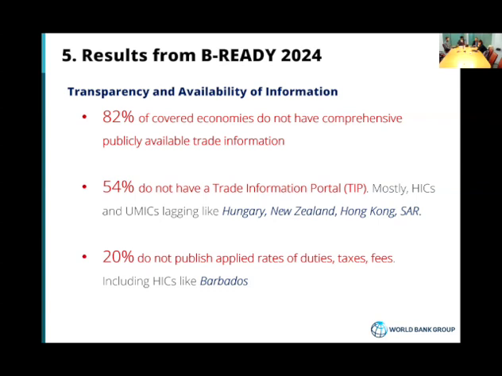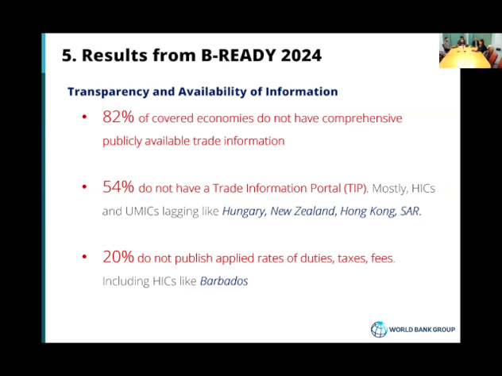trade information. Talking about trade information portals, we see that 54% of economies do not have what we define as trade information portals. And interestingly, some of these countries are high-income economies, as well as those in the upper middle income category, lagging, such as Hungary, New Zealand, Hong Kong, some of the economies that you would expect to have these trade information portals in place.